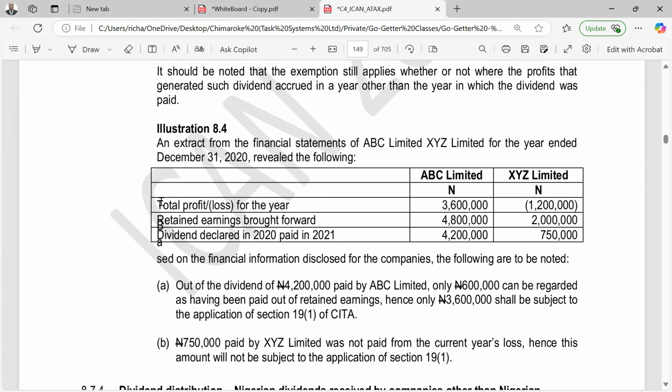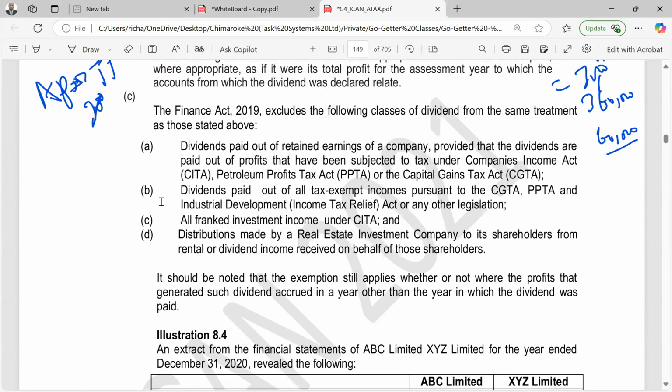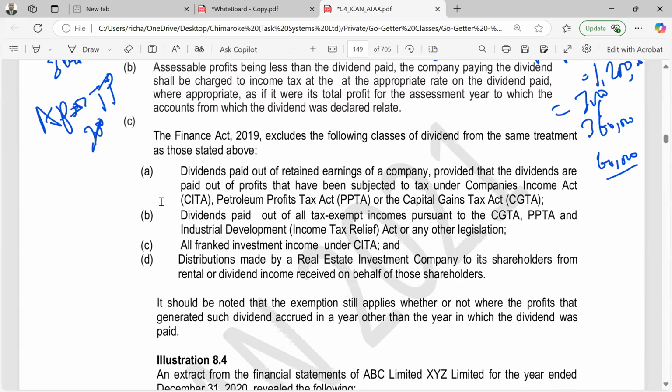Hence, 3,600 shall be subjected to application of section 19.1 of CITA, which says that dividends paid out of retained earnings of the company, provided that the dividends are paid out of profit that have been subjected to tax under Company Income Tax Act, or so shall be liable to tax.